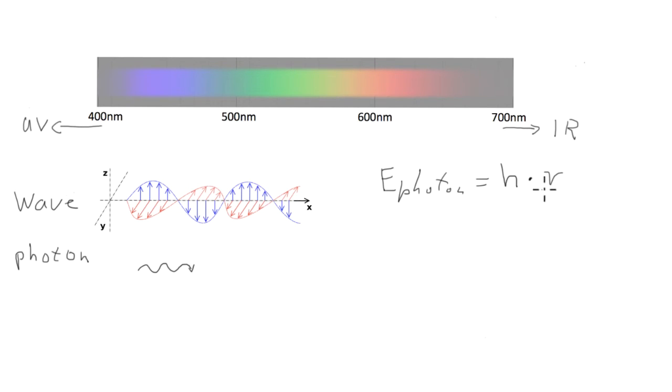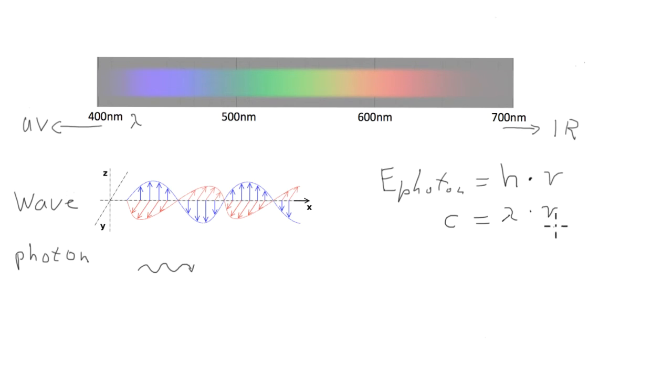Typically we don't talk about the frequency of the oscillation but about the wavelength, lambda, which is given in nanometers. So we need to convert: the speed of light is the wavelength lambda times the frequency of the oscillation.